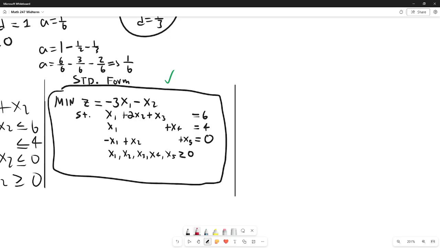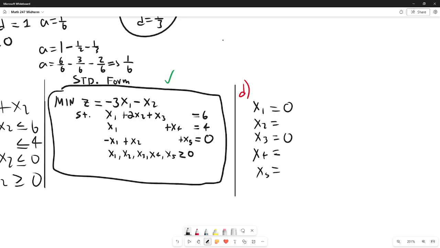This is part D, with x1, x2, x3, x4, x5. Remember, we're going to set x1 and x3 equal to 0. Now we need to find the values of x2, x4, and x5 using the standard form that we just created.